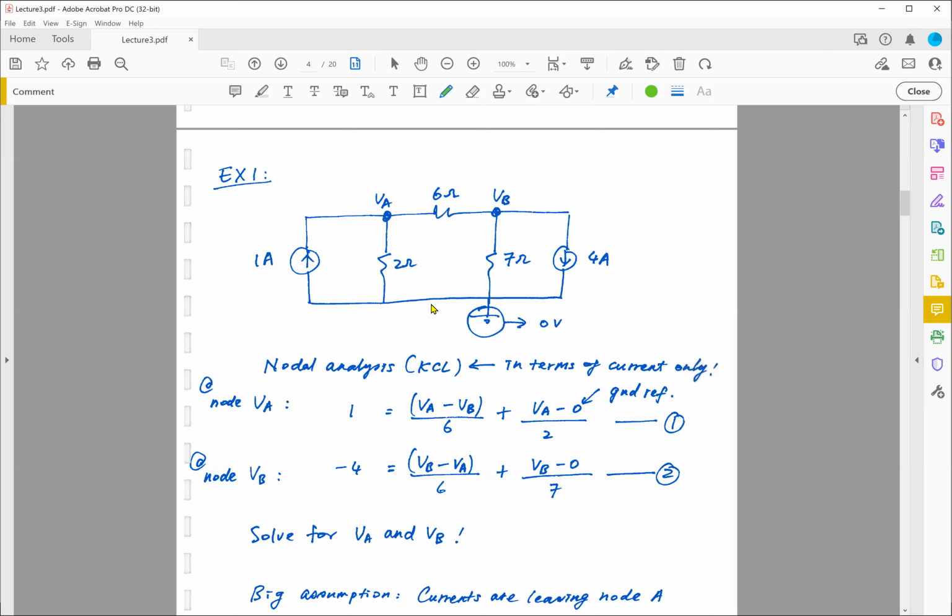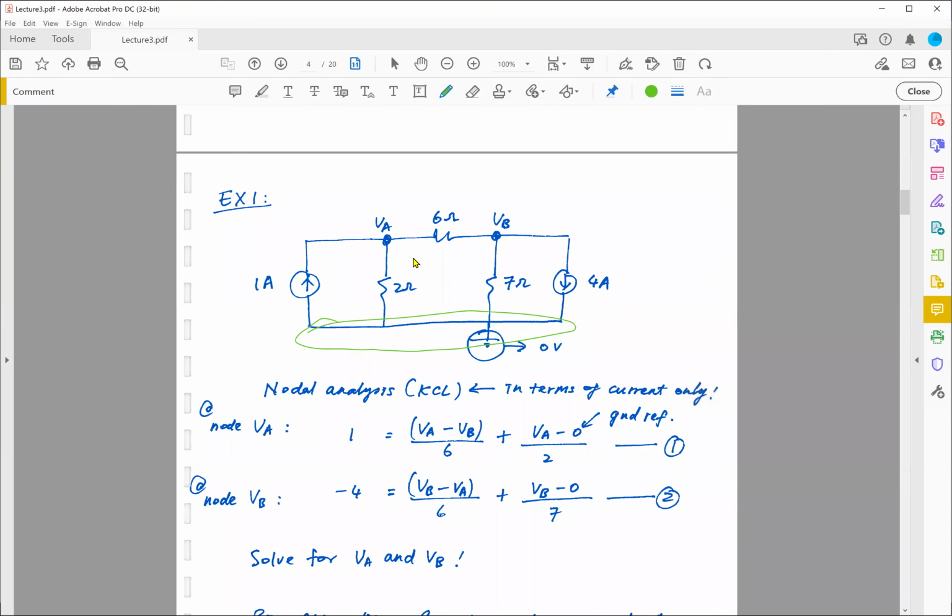So I have this as my ground reference. And I'm going to identify my node voltages. And my node voltages are here and here. Okay. And notice that this point, node VA, is the same as this node, and it's the same as this node, because this is a short.